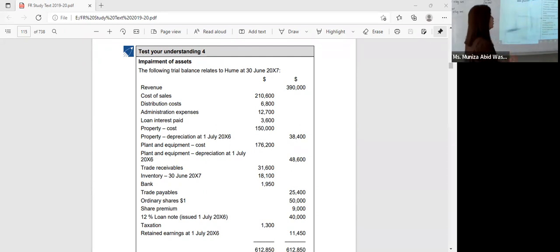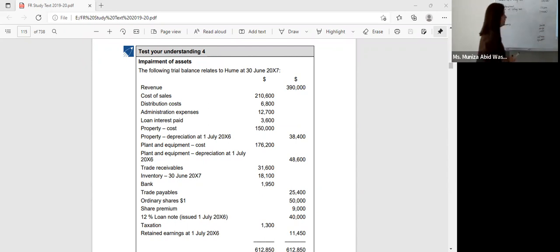Then we have the 12% loan note issued at 1st July 2006. This will be going to the liabilities. Loan is a liability. The 12% loan note which is issued at 1st July 2006, at the start of the year, it has been issued. Loan of 40,000.